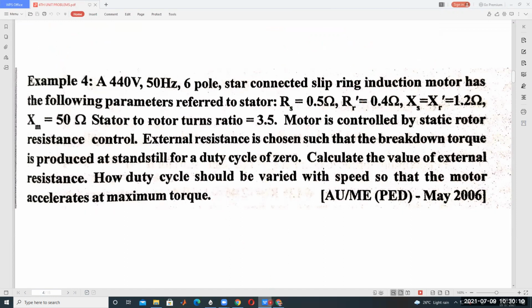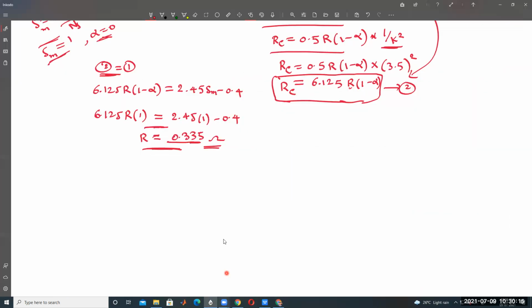Substitute these values, this R and the slip at maximum torque, in this equation, and you will get alpha, the firing angle.